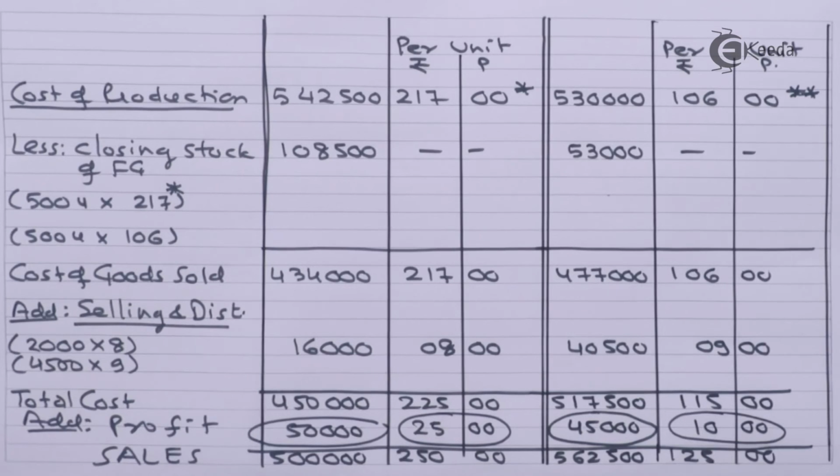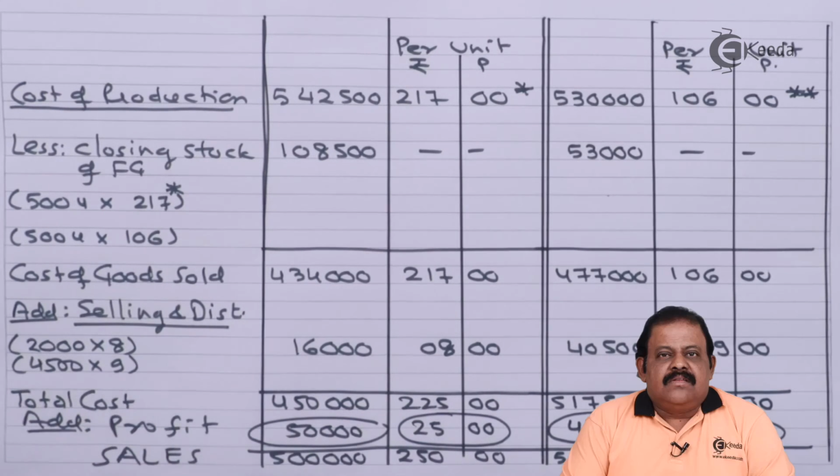So profit in case of Sharda pen 50,000 rupees per unit 25. In case of Vivek 45,000 per unit 10 rupees. We got profit as a balancing figure. This is how we got balancing figure. This is how we have allocated expenses between the two products.